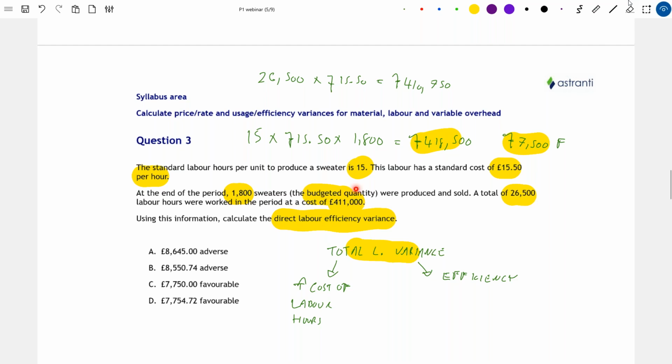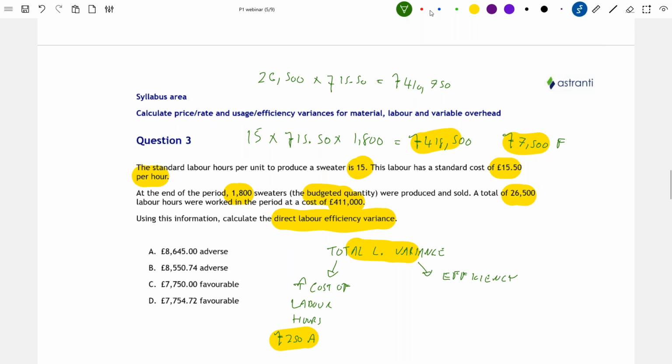So £411,000 is £250 greater than the amount we expected to spend. So that is £250 adverse for this variance, £250 more than we expected to. However, notice that the overall variance is favourable, and therefore we must have been more efficient than we expected to be, and specifically £7,250 more efficient.